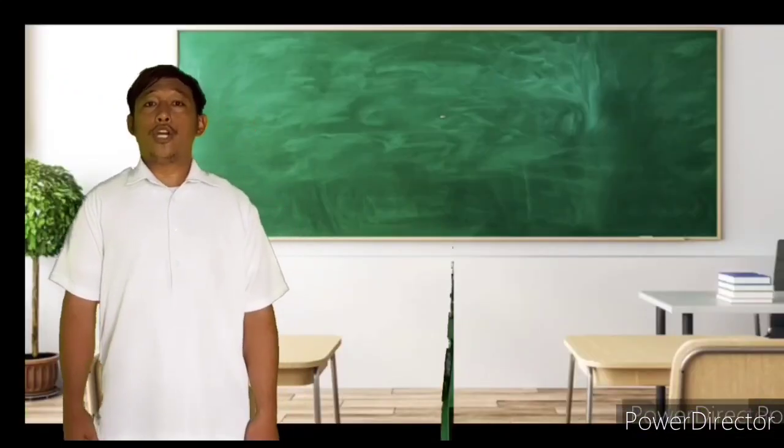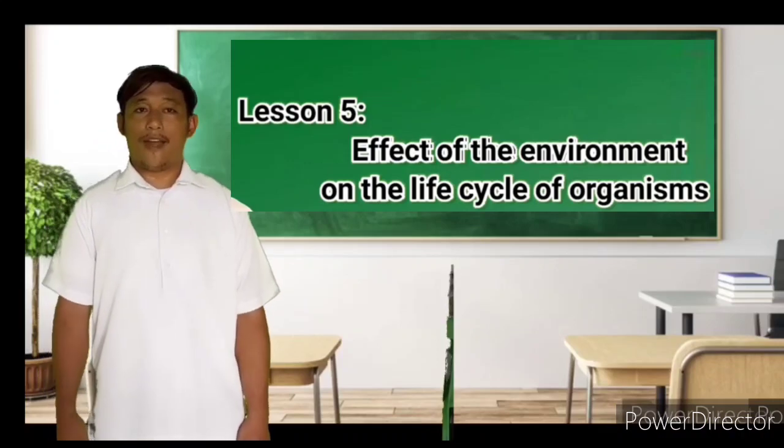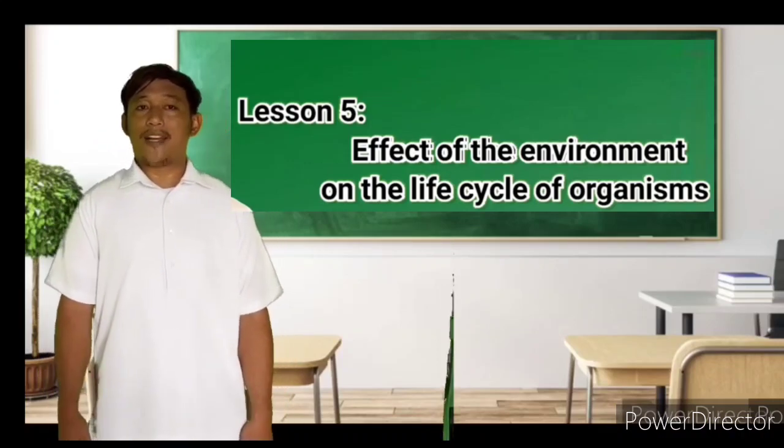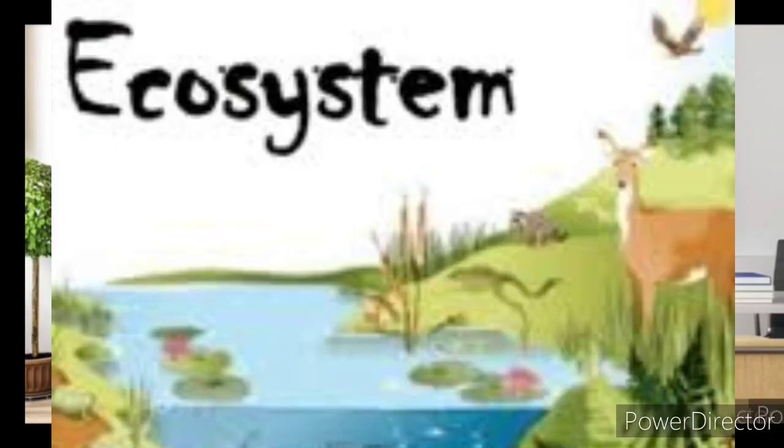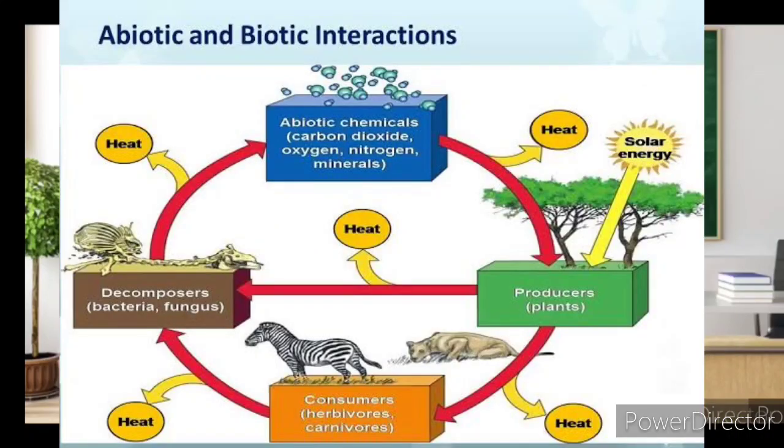In this lesson, you will be able to describe the effect of the environment on the life cycle of organisms. Here's an illustration that shows the interaction between the environment and living organisms.